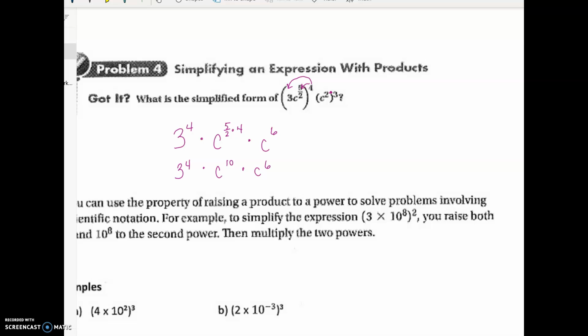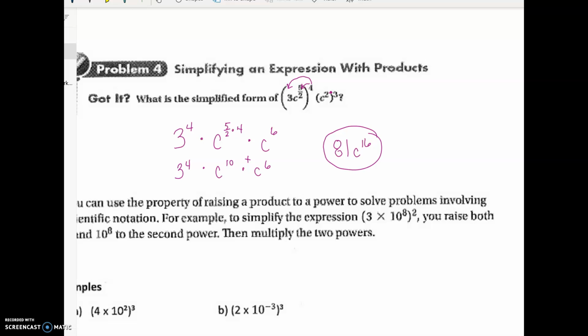Now, I have like bases, so that means that I can add those exponents together and simplify also 3 to the 4th power. So 3 to the 4th power would give me 81, and then we add to get c to the 16th. So that would end up being our simplified form for our answer.